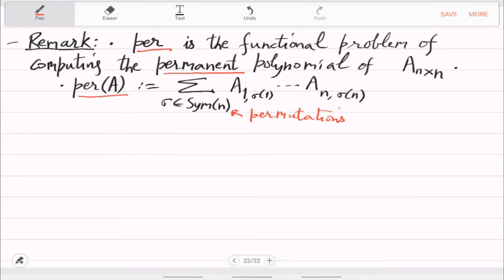Based on the permutation sigma, you have A1 sigma 1 up to An sigma n. The product of that is a monomial, and then you take the sum of all these monomials. This is the permanent polynomial. If you know the determinant, this is very similar to that. This has no negative sign, whereas the determinant has a negative sign.